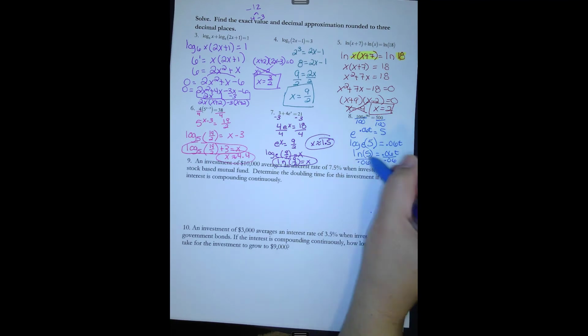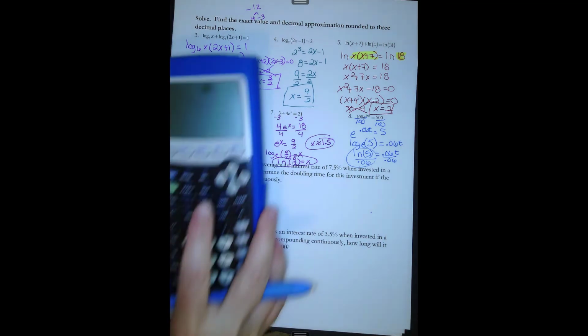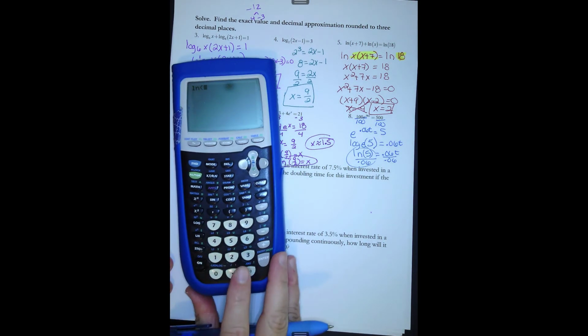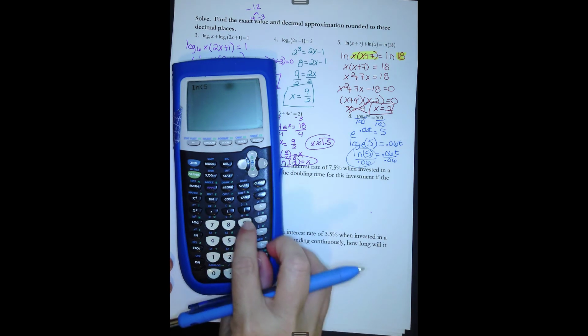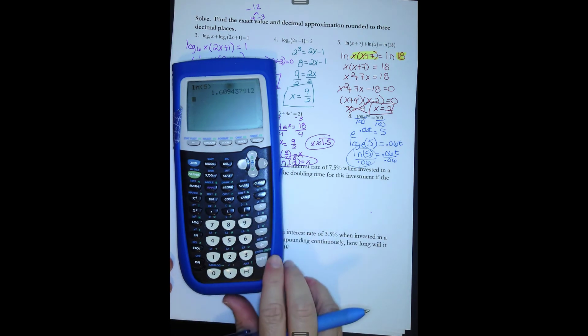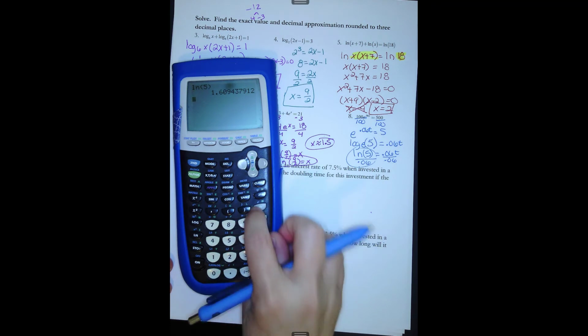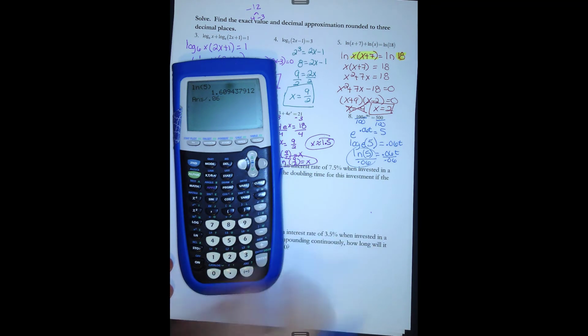Change that to our natural log of 5 equals 0.06 t, and then divide. This is our exact answer, and if we wanted our approximate, we're going to go ahead and go natural log of 5 and then divide that by 0.06.